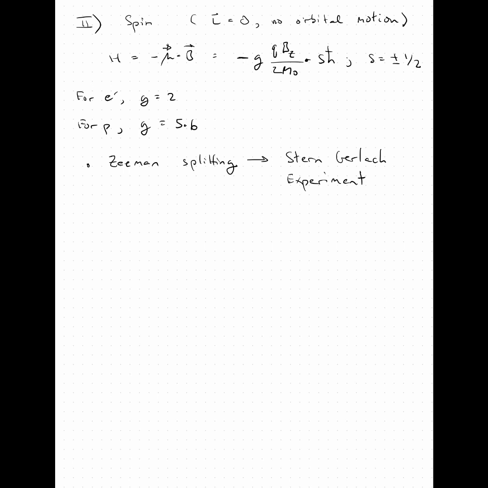Recall, we shot our silver atoms through an inhomogeneous magnetic field, and we found that there are two components, or two spots on the screen measuring the impact of the incidence of the silver atoms. And that looked something like the following.